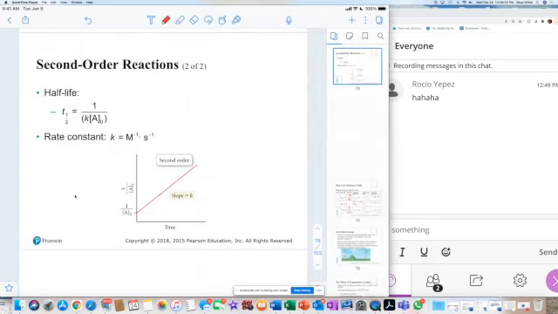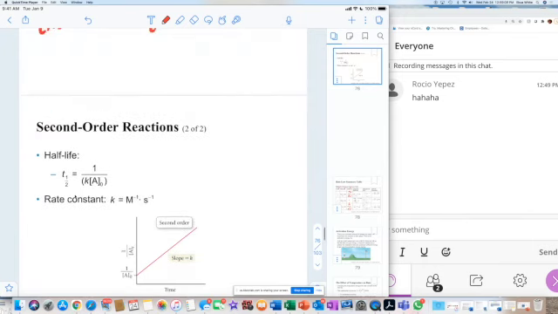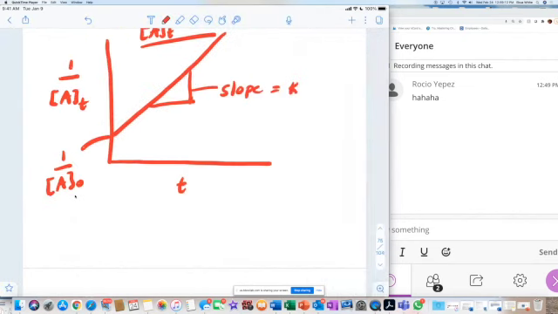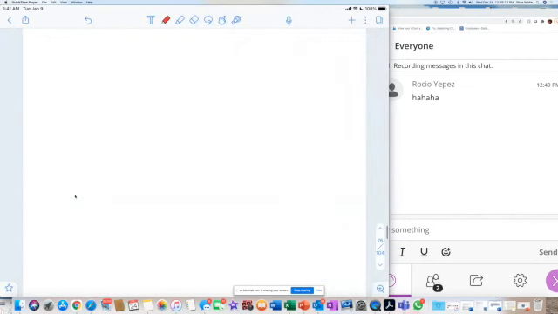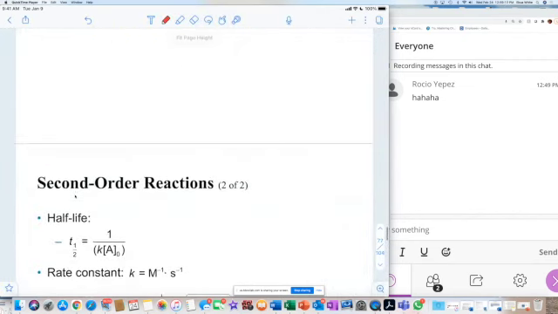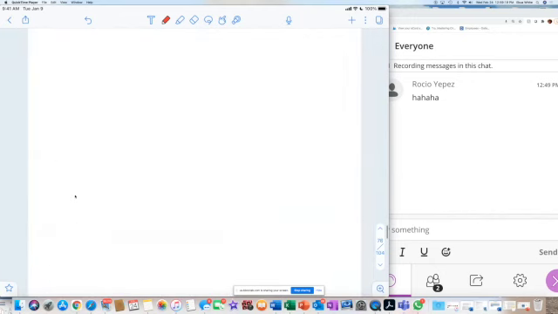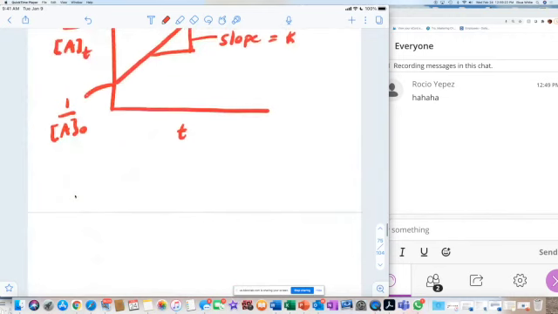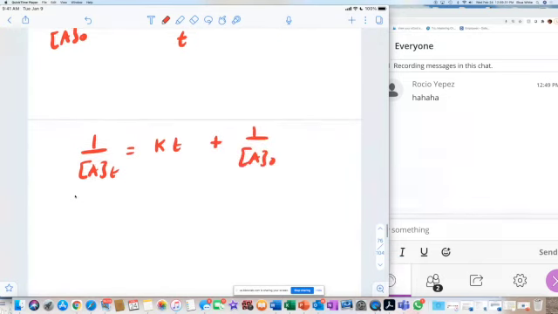Next thing we're doing here, I want to do it right below the other one. So let me add the page right here: half-life. The half-life of this one here, 1 over a sub t equals kt plus 1 over a sub 0.